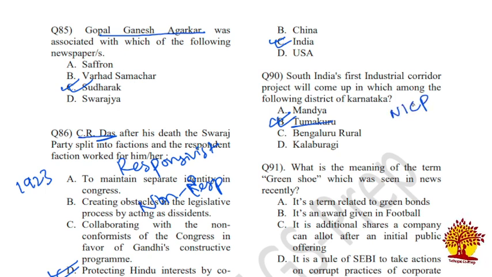It will run from Krishnapattanam in Andhra Pradesh to Ponneri in Tamil Nadu through Tumkuru. Under NICP, the Chennai-Bangalore Industrial Corridor will be set up.